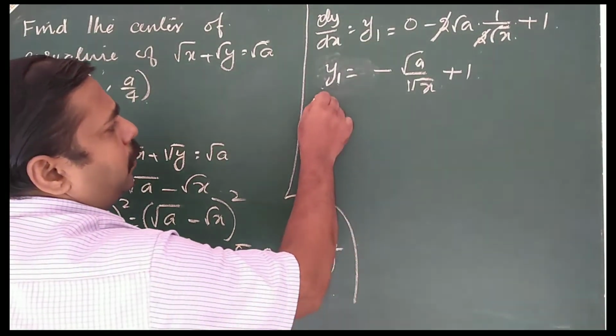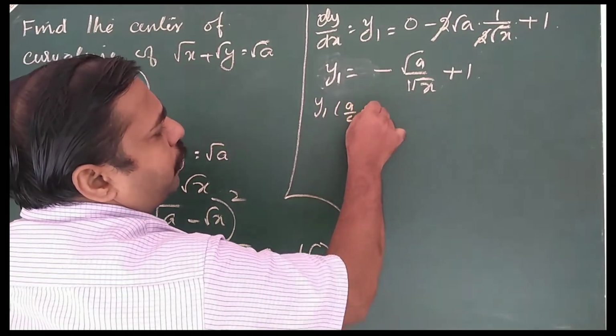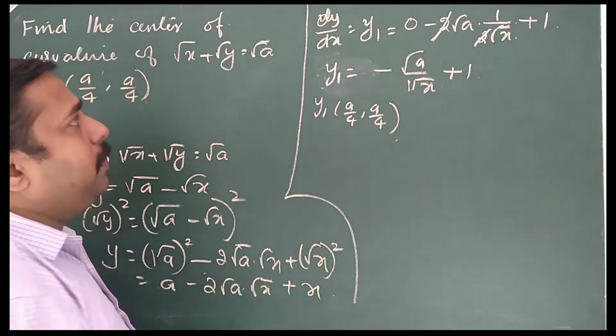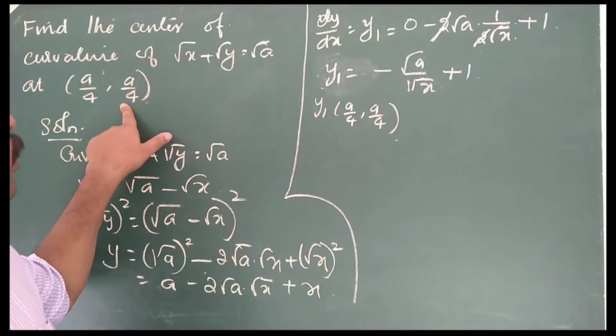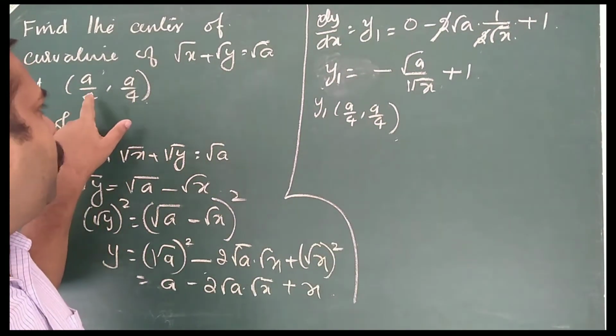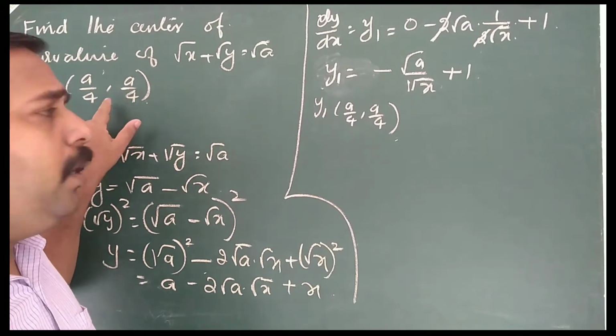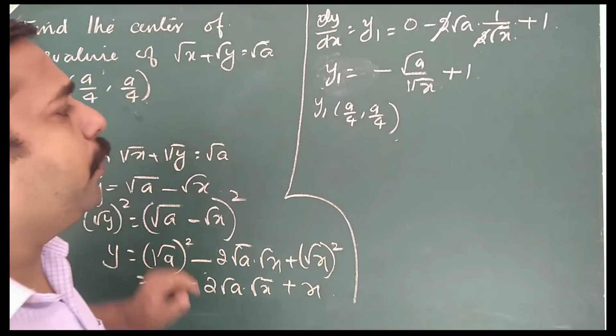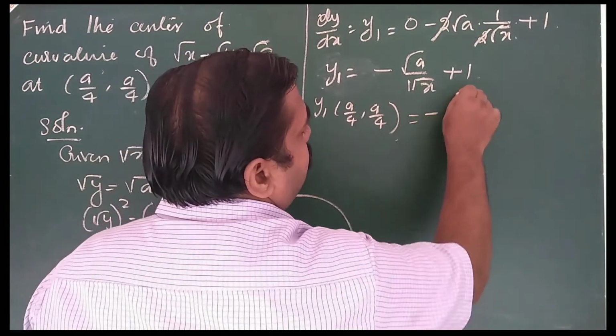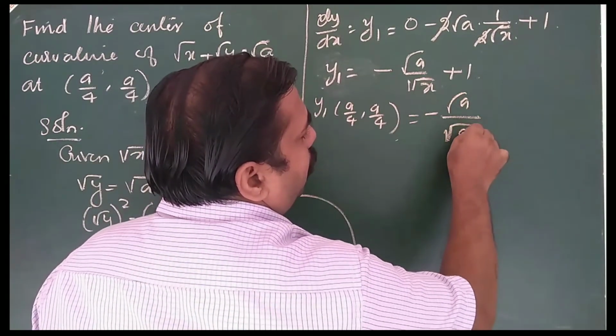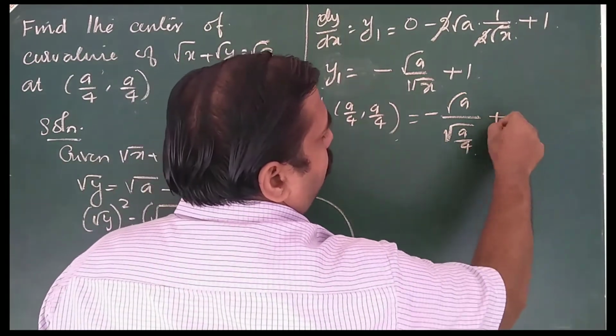Now y1 at the point a by 4 comma a by 4. Given the point a by 4 comma a by 4, that means x value is equal to a by 4 and y value is equal to a by 4. So that is equal to minus root a by root of a by 4 plus 1.